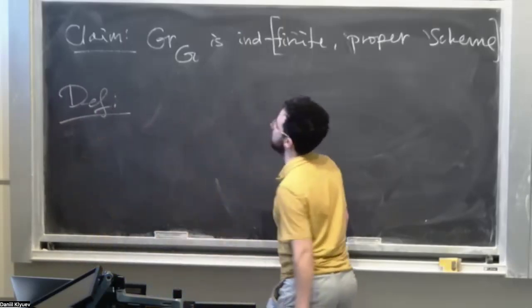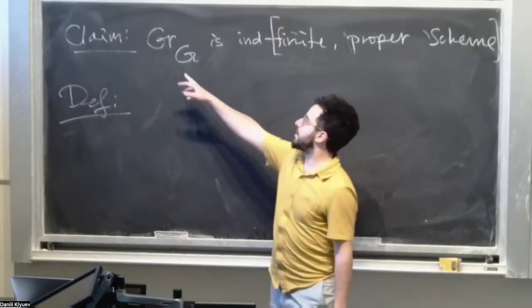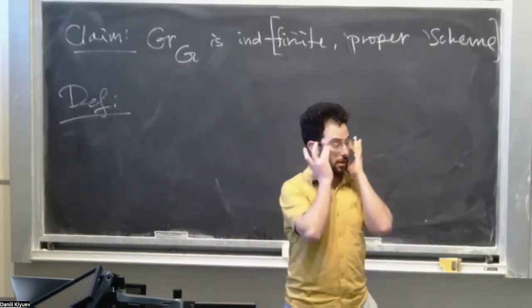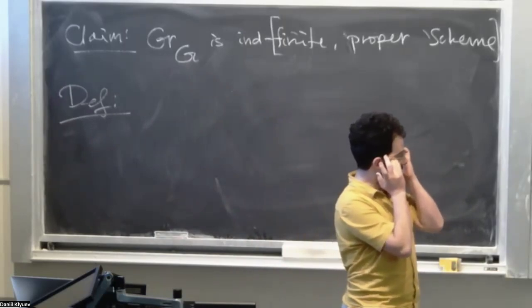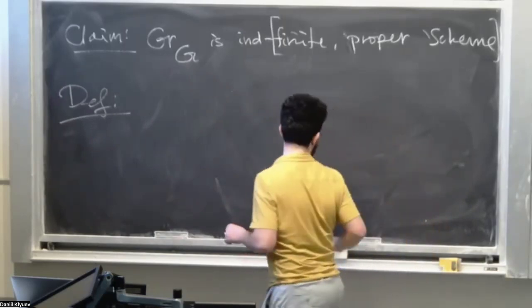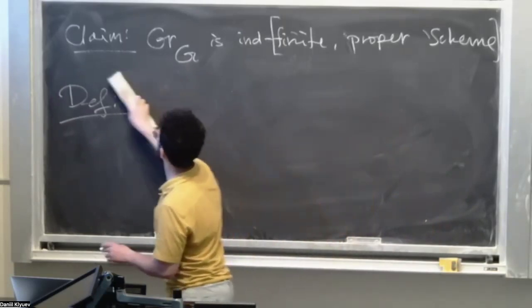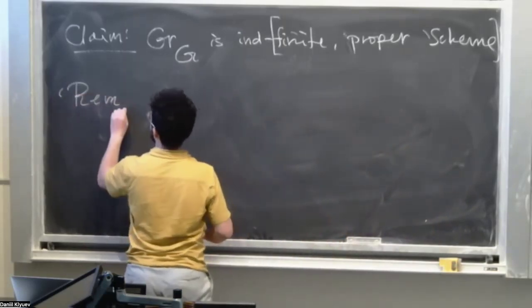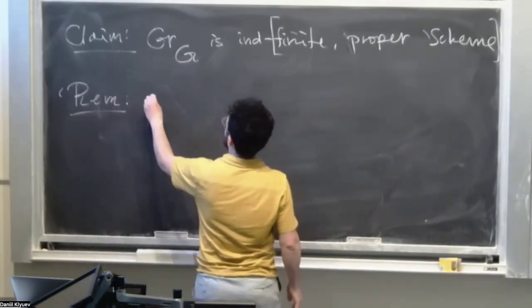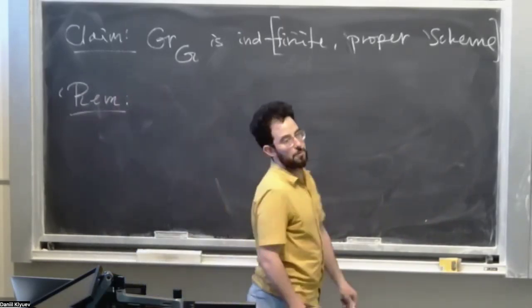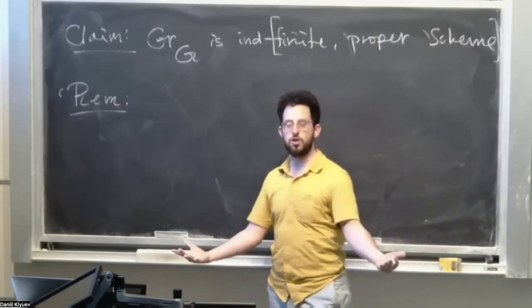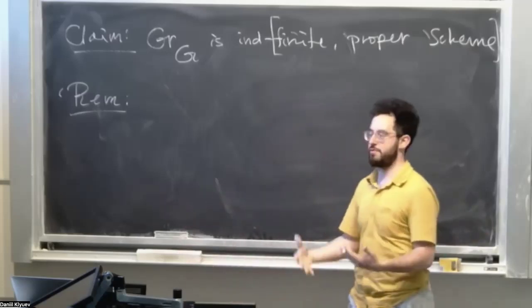So, the affine Grassmannian. What we did, I should have said before, is we're taking the affine version of everything. In the finite case, we used the representation theory of reductive, semi-simple groups.